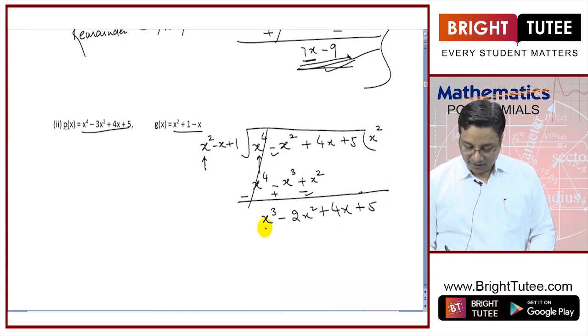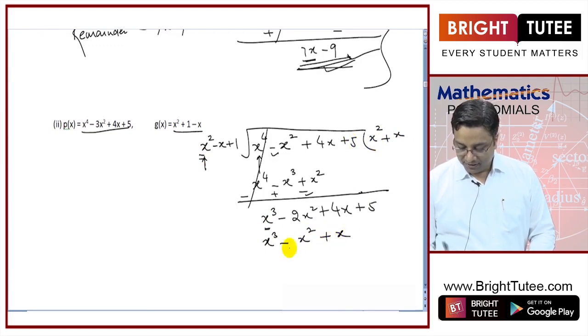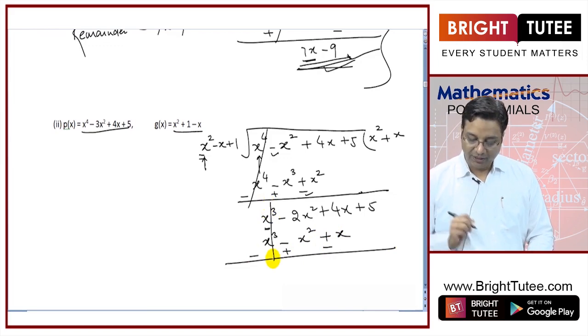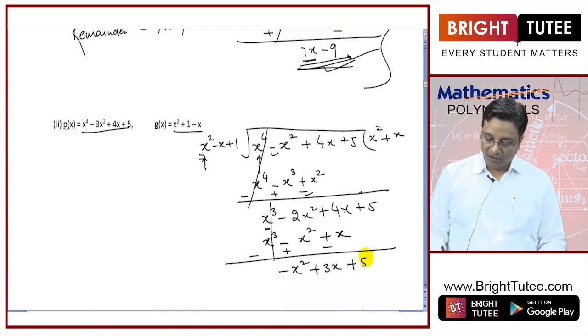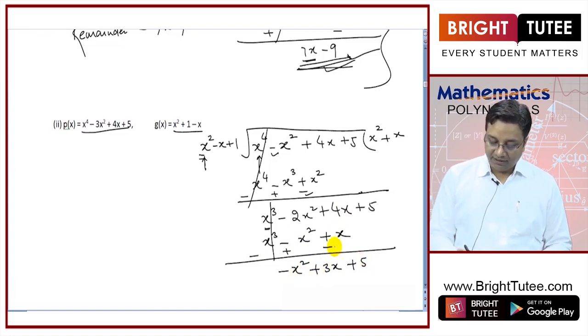Now, to obtain this one, I multiply it by x, x cubed minus x square. So, I write it below this plus x. Then I subtract, x cube gets cancelled, minus 2x square plus x square gives me minus x square plus 3x plus 5.